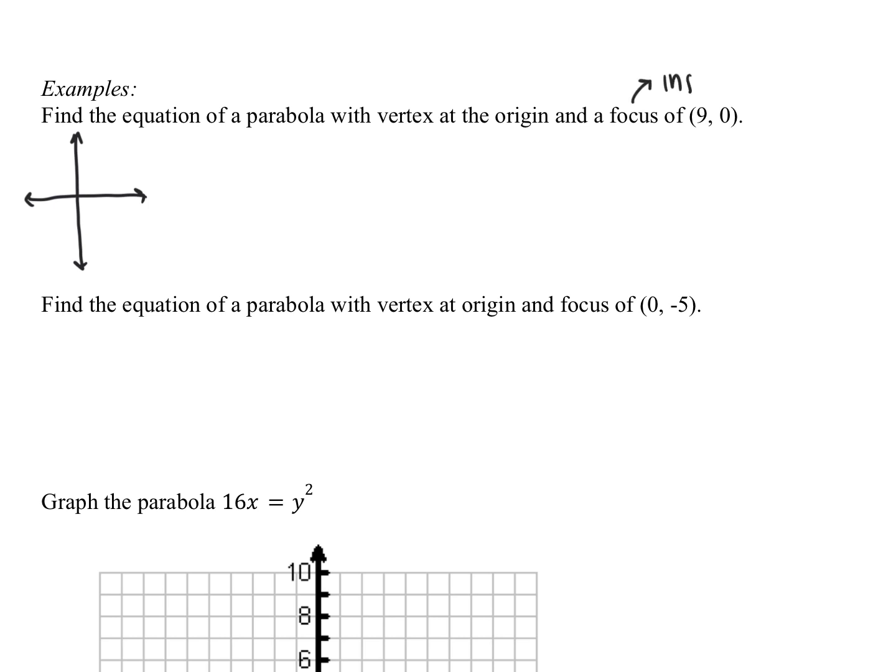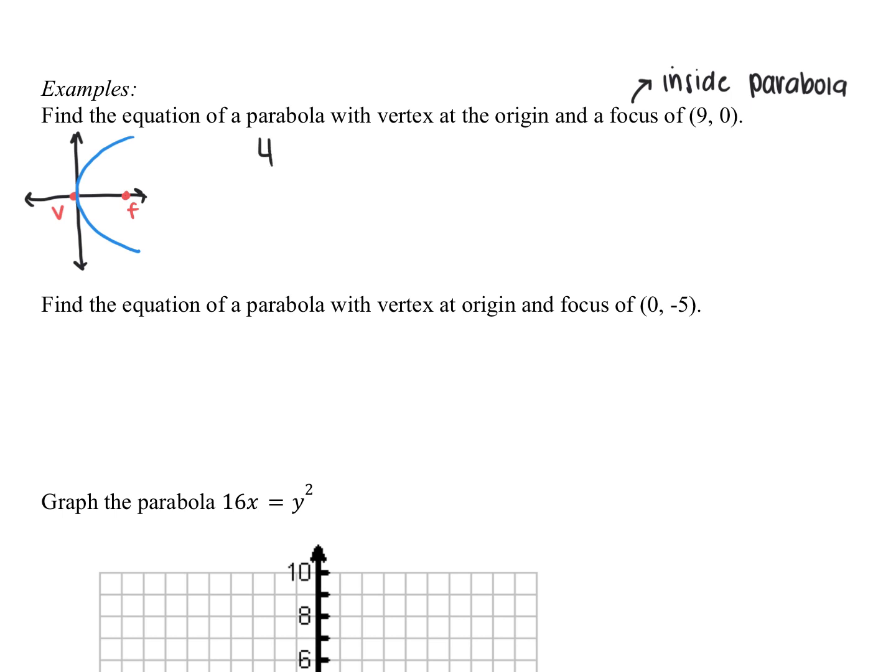So I have my vertex here at 0, 0. And I have my focus, we'll say that's 9, 0. The parabola has to open to contain the focus, which means it's going to open to the right, which means it opens along the x-axis.